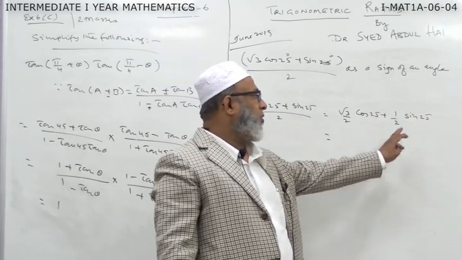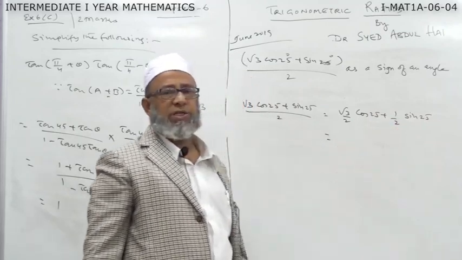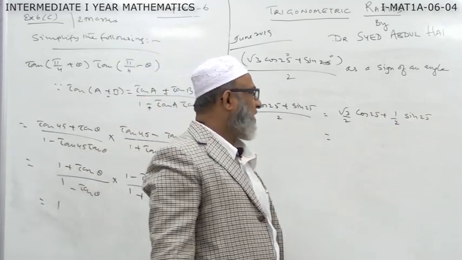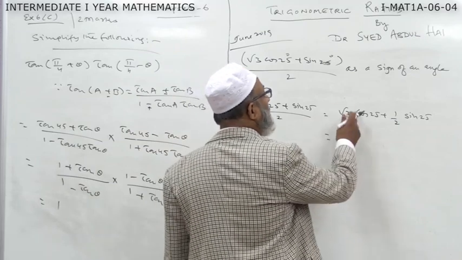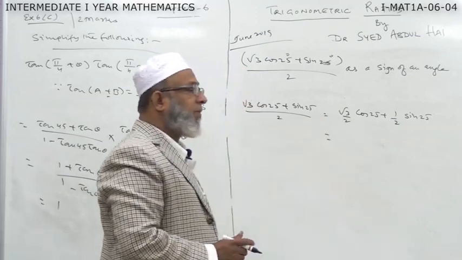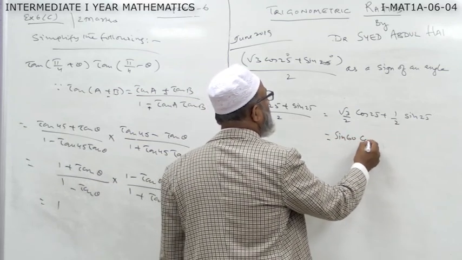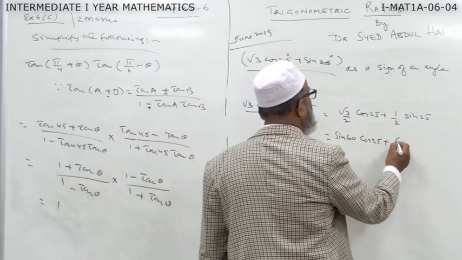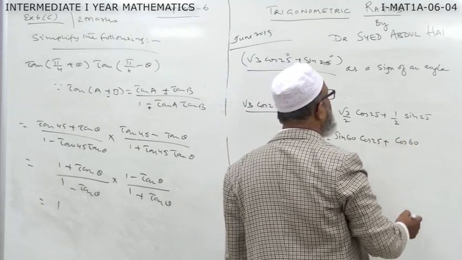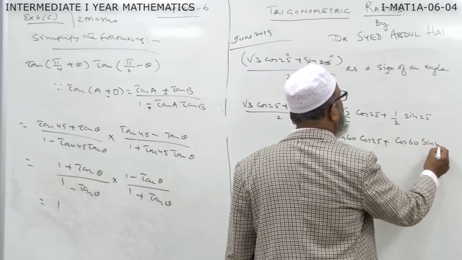I have to pick the value of 1 by 2 and root 3 by 2 in such a way that it is a common angle. Sin 60 or sin A cos B plus cos A sin B, right? Sin 60 into cos 25, sin A cos B, plus cos 60, 1 by 2 sin 25.